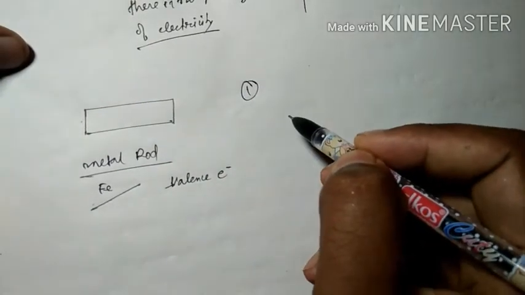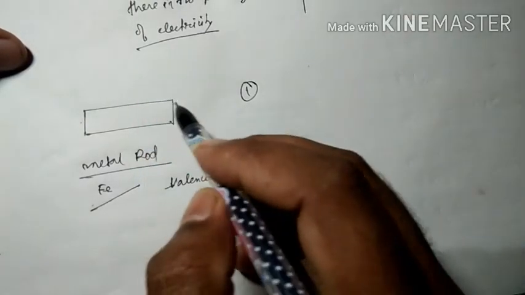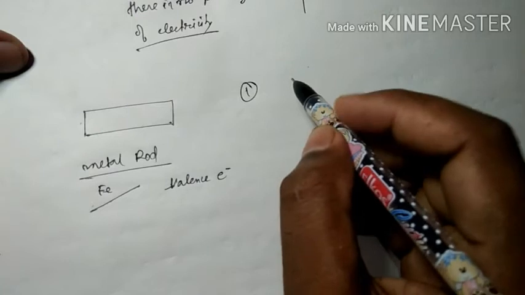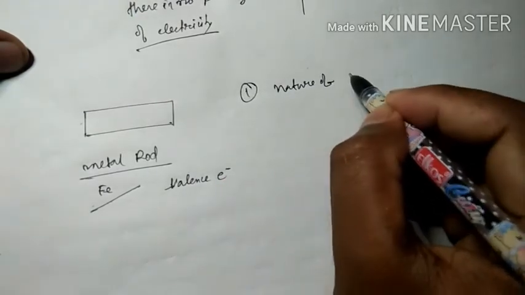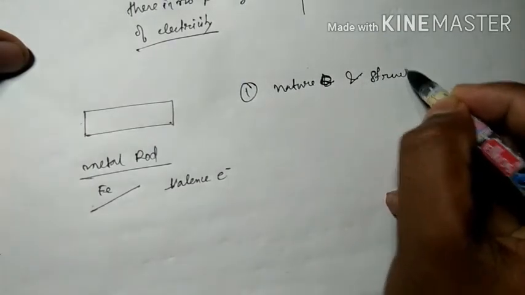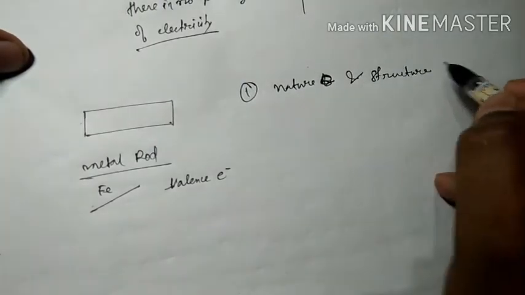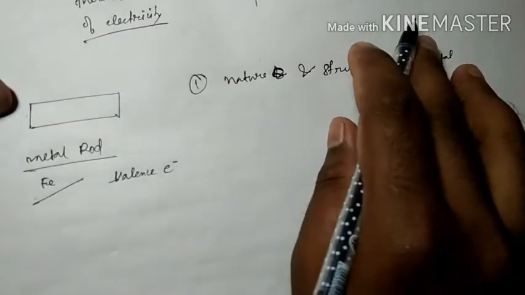In what factors will the conductance of this metal vary? The first dependence factor is the nature and structure of the metal, okay?